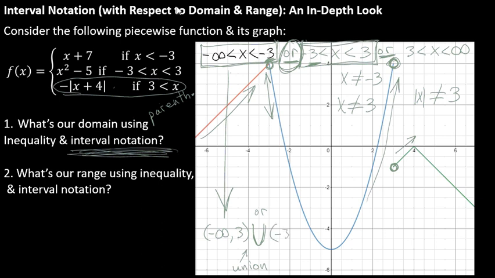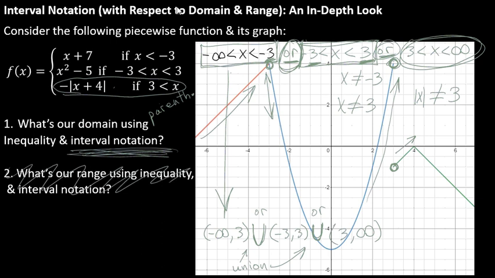So -3, comma 3, close parentheses, excluding this 3 again. And we have another or, so that means another union. Now I'm going to write my parenthetical notation for this part of the domain, which is going to be 3, comma, +infinity. So there's our other union, or our other or statement. We're not going to worry about number 2 right now.